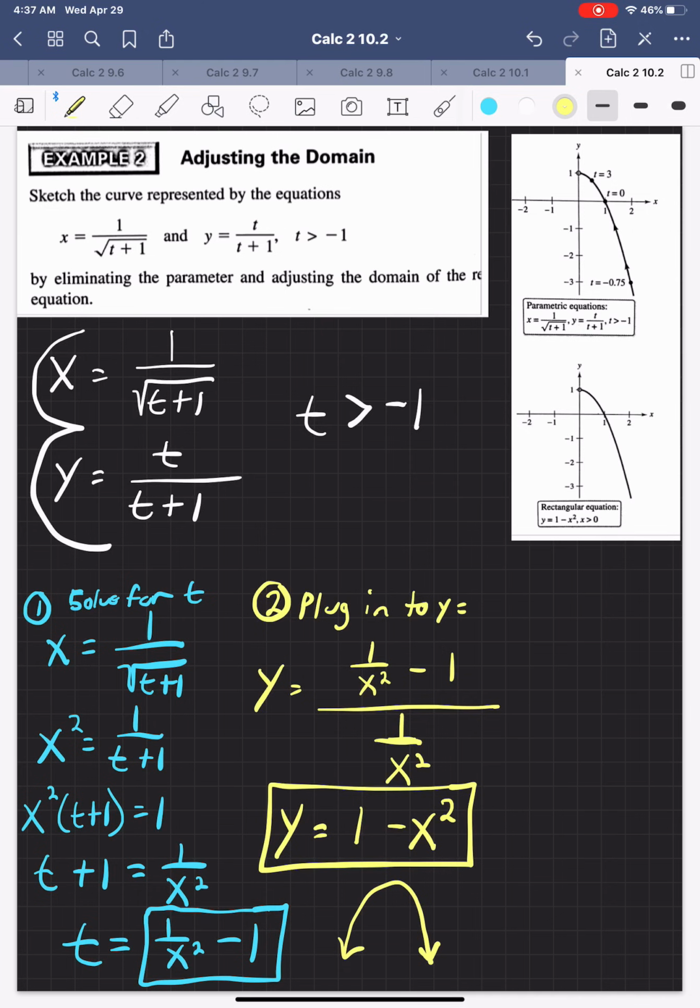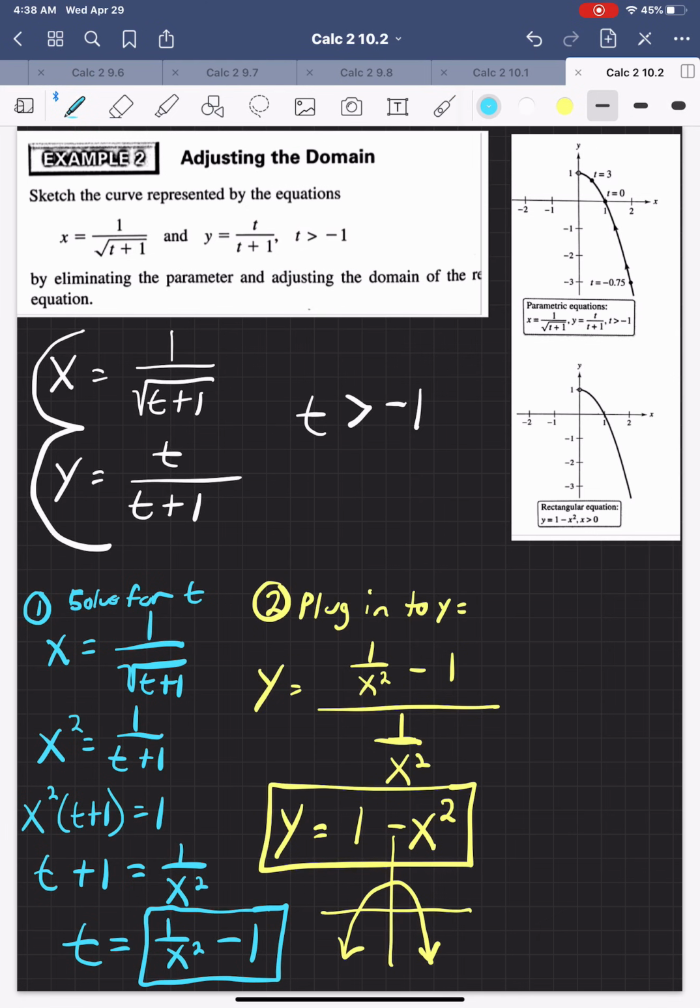So I need to restrict my t value, or in this case my x value, such that it matches the original graph. So in the original graph, t had to be greater than -1 so that you don't divide by 0. In this, what must x be greater than in order to get the same graph?